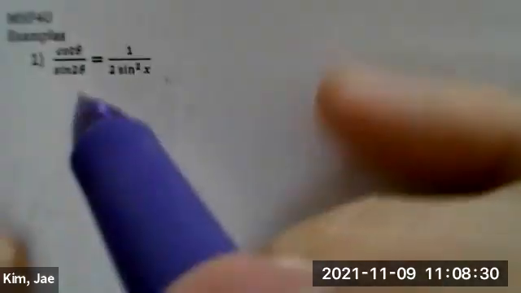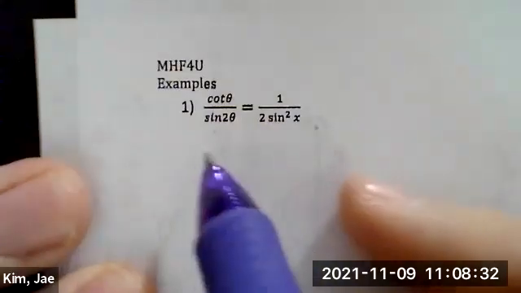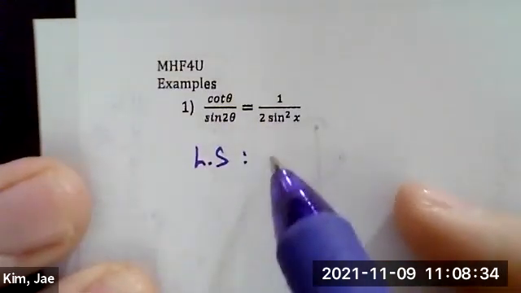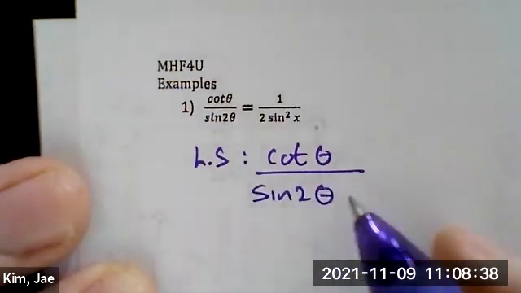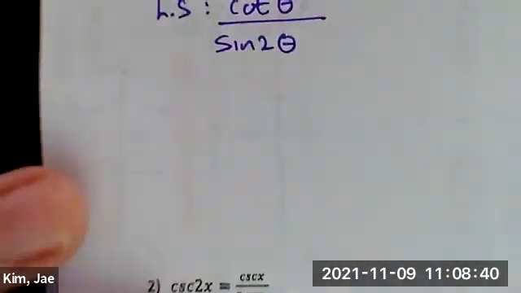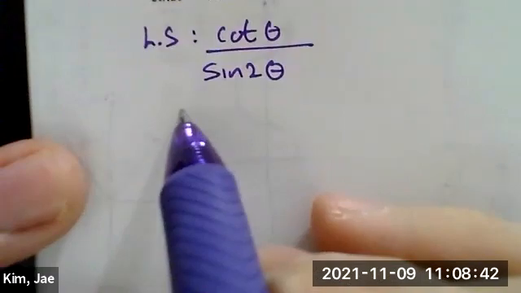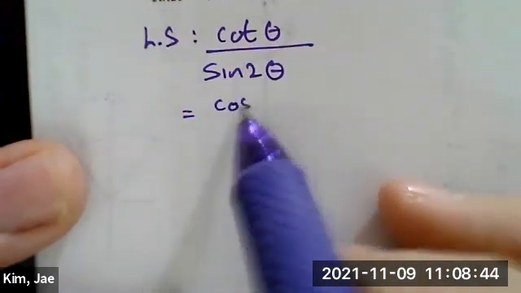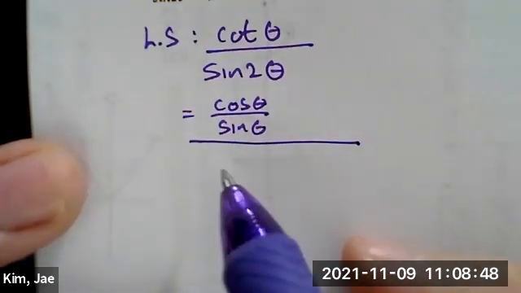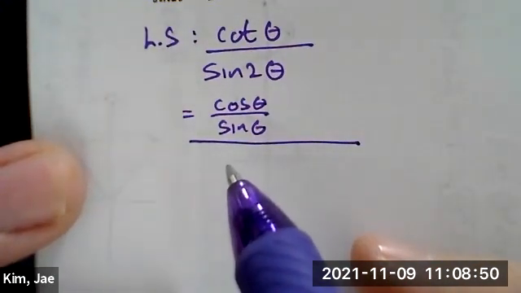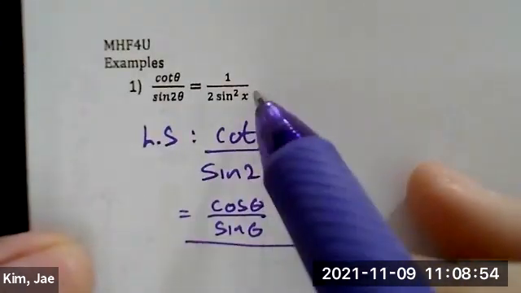Left side: cotangent of theta over sine 2 theta, and the right side I'll write later. This is the same as cos theta over sine theta, all over sine 2 theta. Sorry, that's supposed to be a theta, by the way.